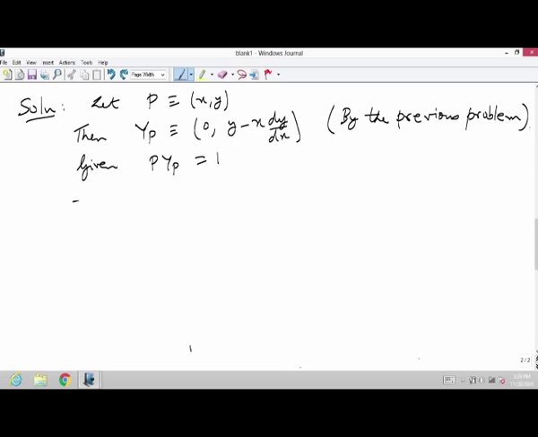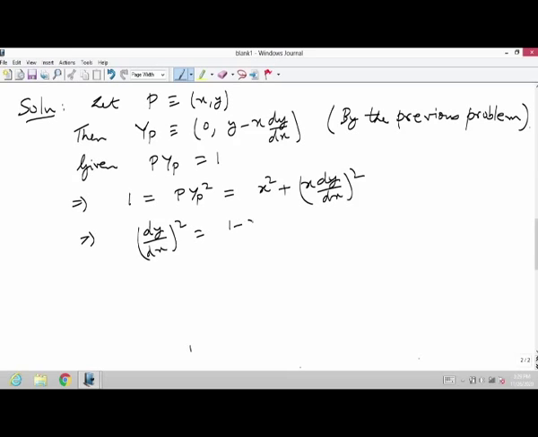So, we get 1 is equal to P Y_P square, and the distance P Y_P squared will be x square plus x times dy dx whole square. So, this gives dy dx square is equal to 1 minus x square by x square.